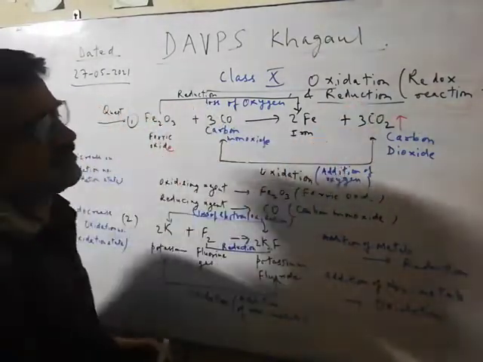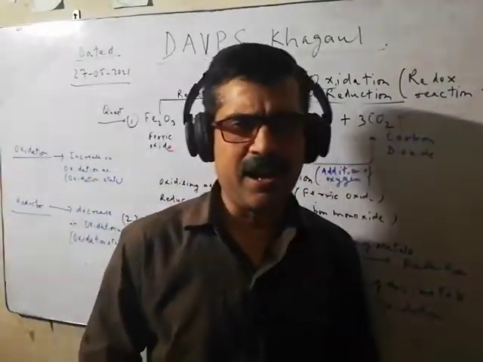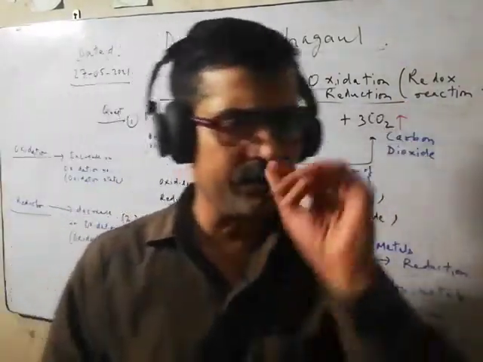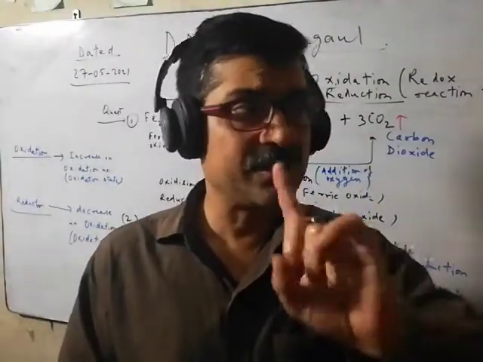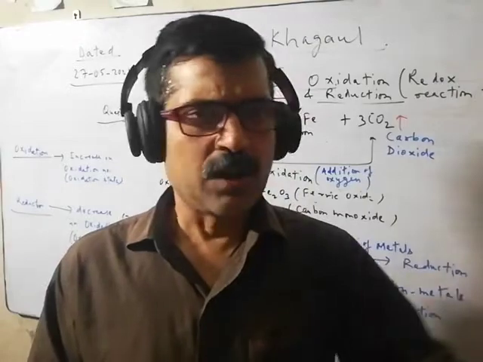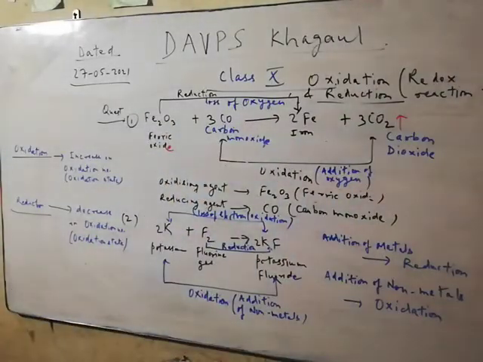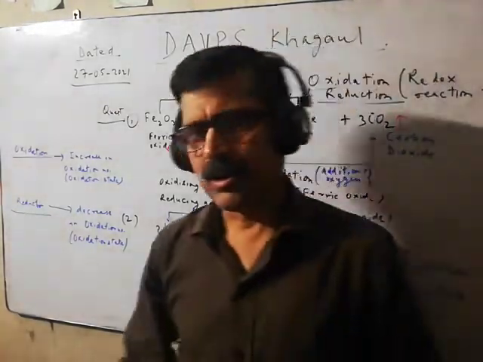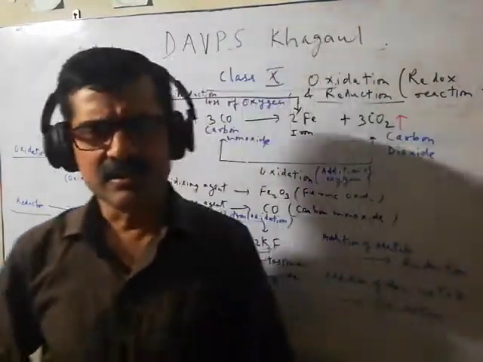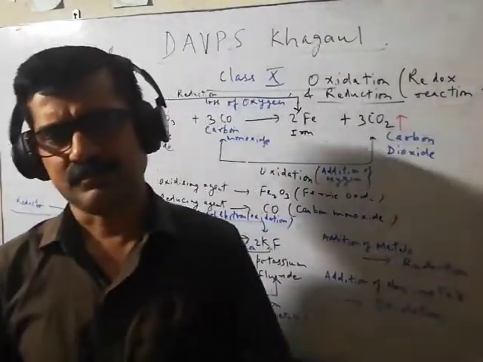This type of reaction is called a redox reaction, and that is the main part of any chemical reaction, because all chemical reactions are essentially redox reactions.